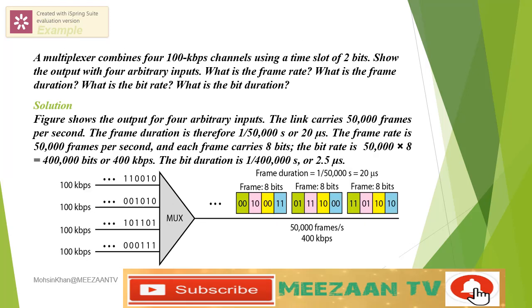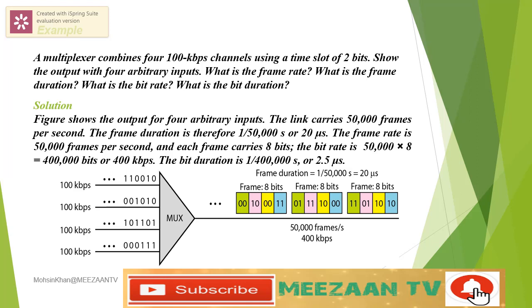This is another important example. The figure shows the multiplexer. Here in this example, there are 4 channels, each with 100 kilobits per second. Each frame carries 2 bits from each user, so the frame size is 8 bits. Each channel rate is 100 kilobits per second.